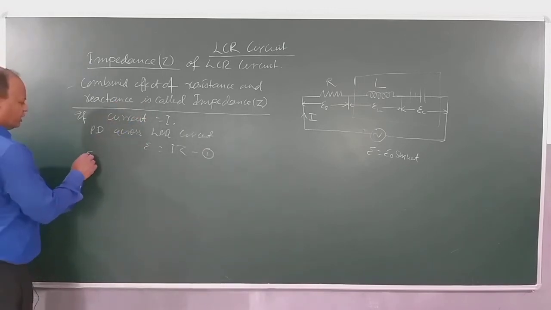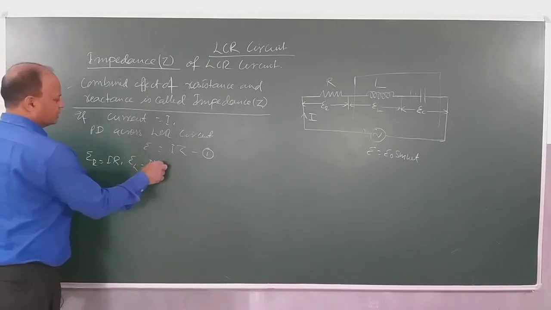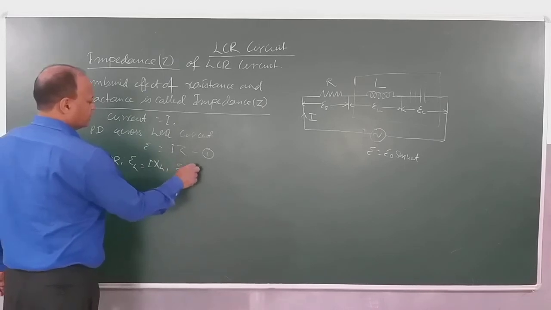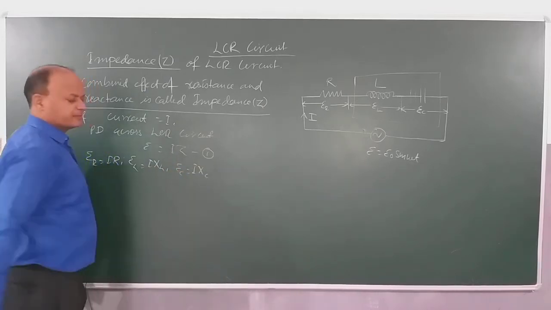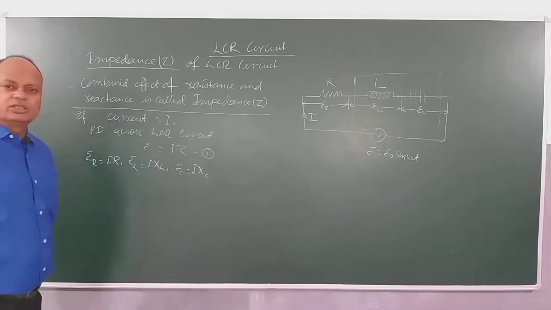Children, we already know that ER will be equal to I into R, EL will be equal to I into XL, and EC will be equal to I into XC. We know the potential difference across all three elements.